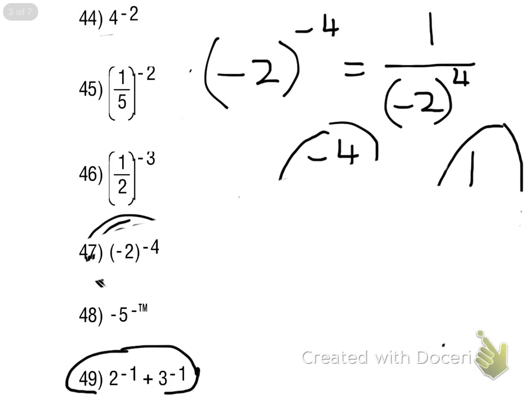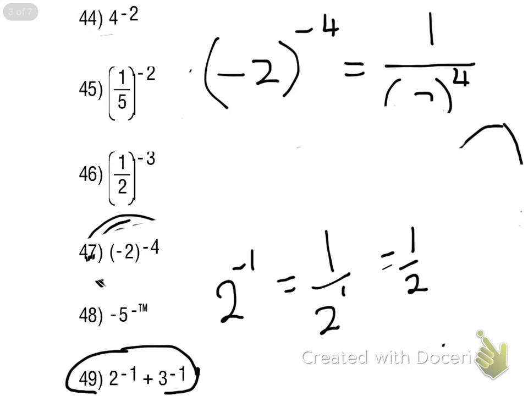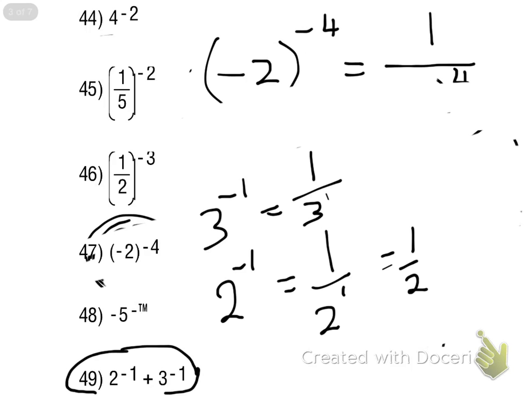You can't write these as minus numbers. 2 to the negative 1 becomes 1 over 2 to the positive 1, and that's a half. That's the first little one done. 3 to the negative 1 becomes 1 over 3 to the positive 1, which is 1/3.